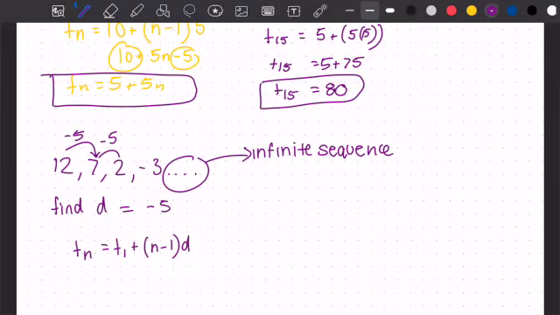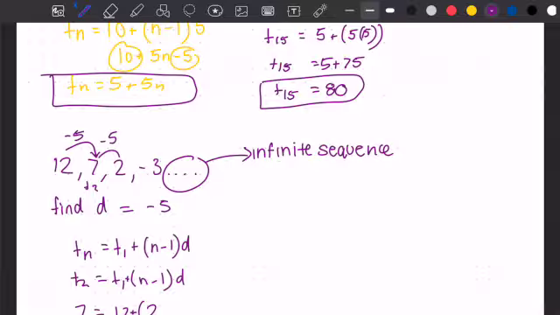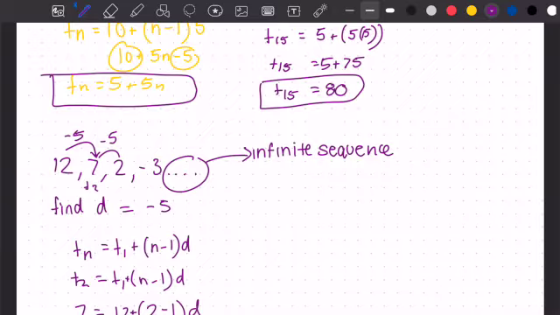T2 is equal to T1 plus n minus 1 D. Term 2 is 7, so 7 equals 12 plus, n is 2, minus 1 D. So this one is 1, so 12 plus 1D is equal to 7.